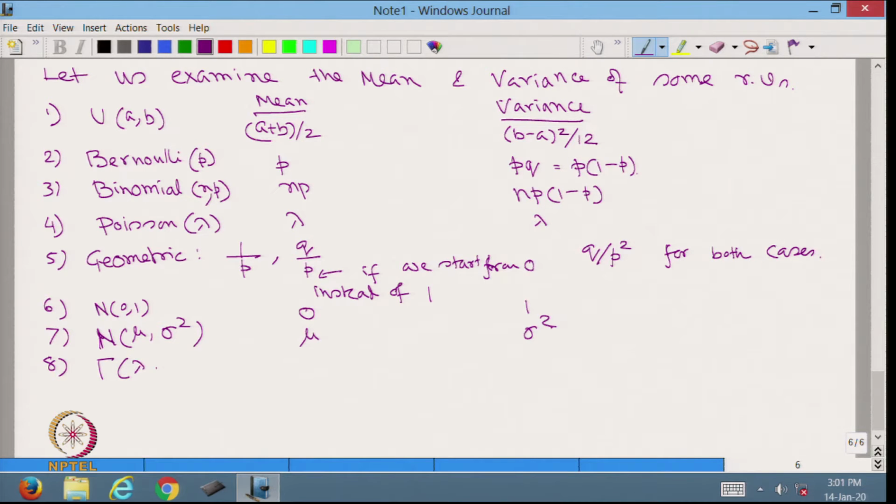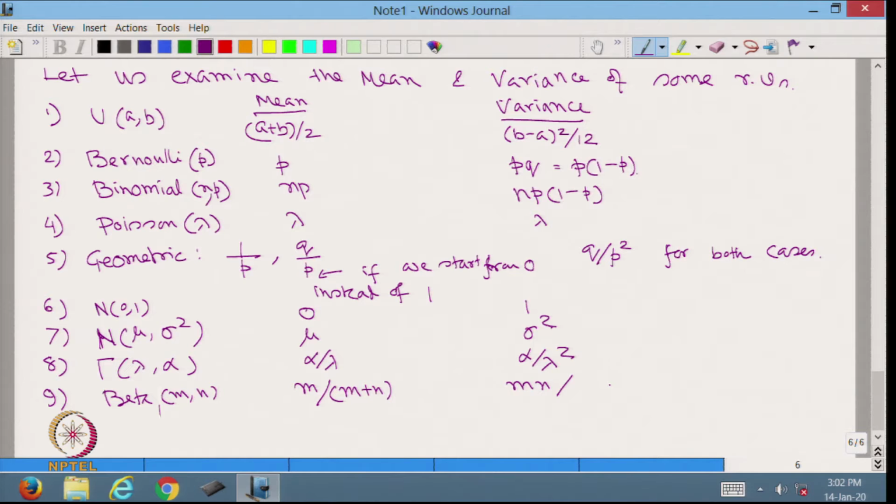Gamma lambda, alpha: mean is equal to alpha over lambda and variance is equal to alpha over lambda square. Beta 1 m comma n: mean is equal to m upon m plus n and variance is equal to, I did not calculate it, but I am giving you the answer.